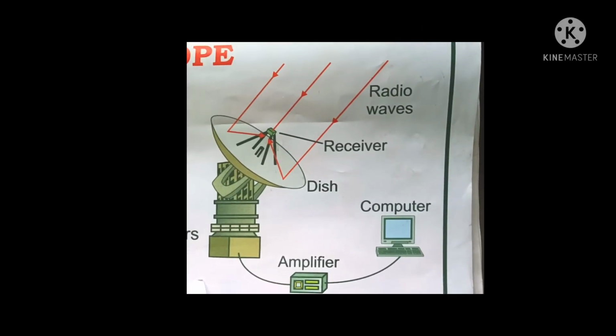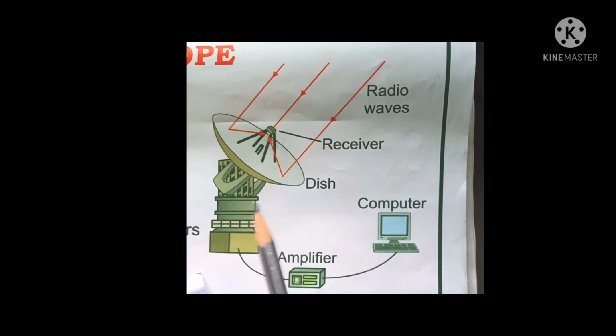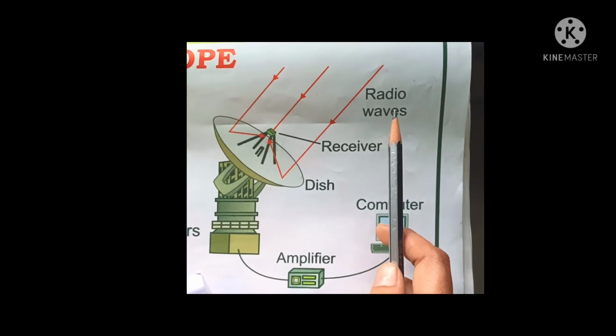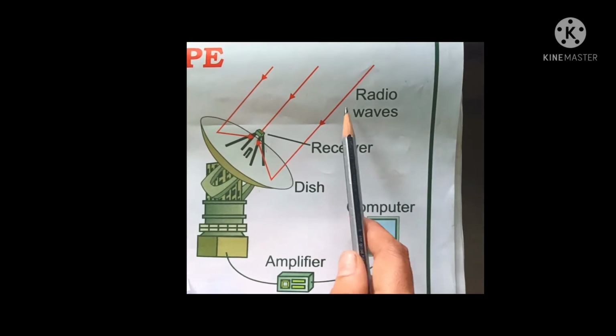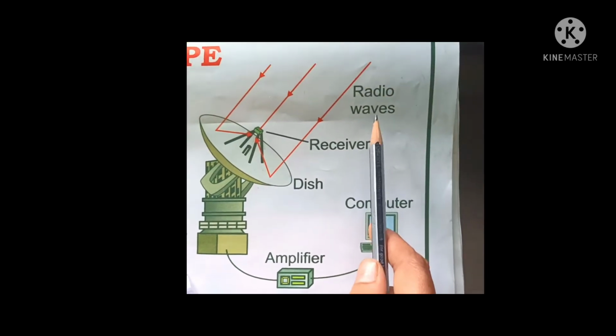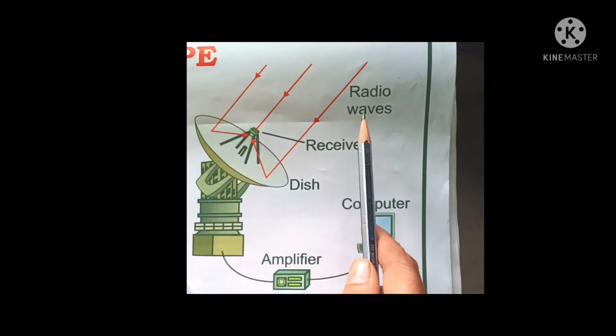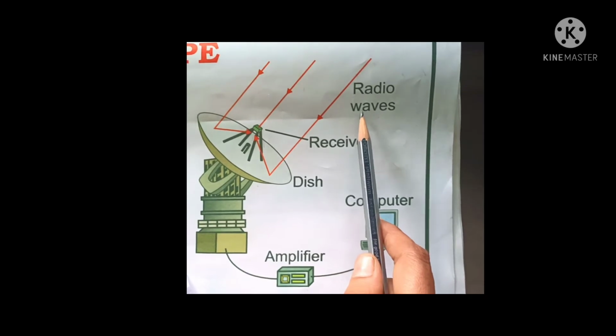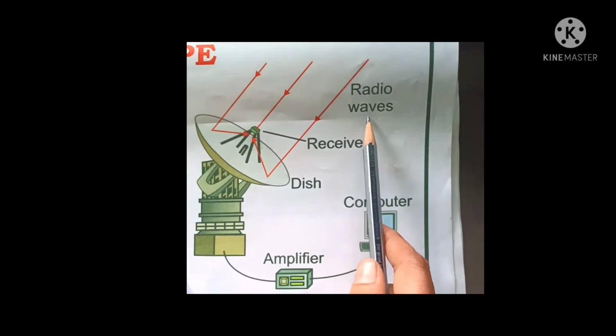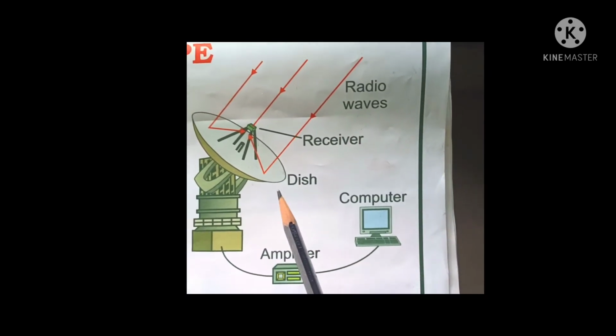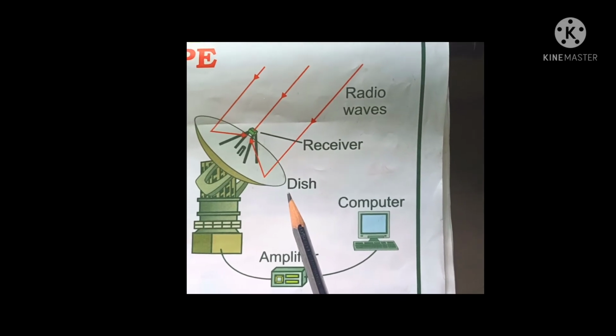Now students, as you know, heavenly bodies, planets or stars radiate not only visible light but also radio waves, and for that we need a different type of telescope. These telescopes are known as radio telescopes. With the help of this diagram, let's see how it works.